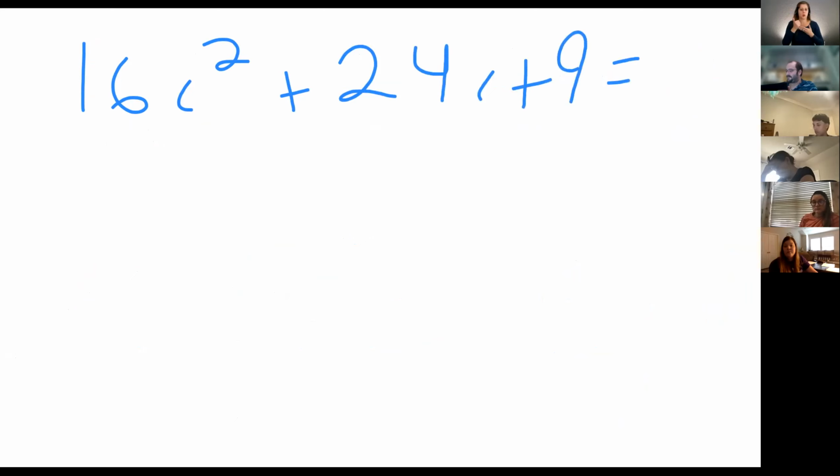But I want you to write out this formula. We tried it at the beginning of class. Now I want you to try it at the end of class. Give it an honest attempt. I'm going to give you all 1 or 2 minutes to do this. Write out the quadratic formula. Try it without looking. That's what I want you to do.